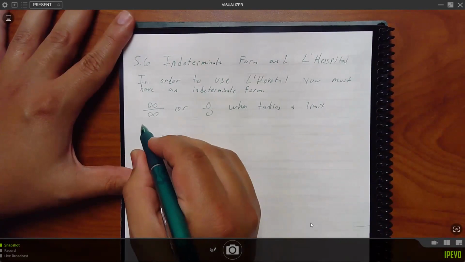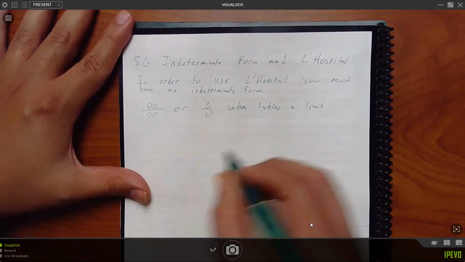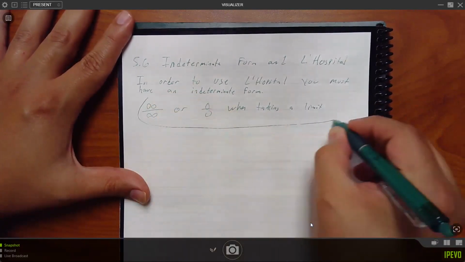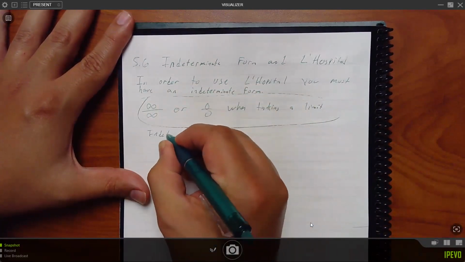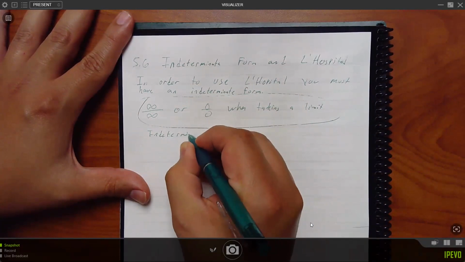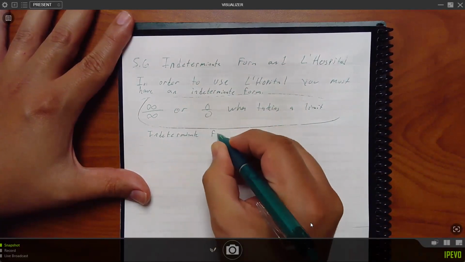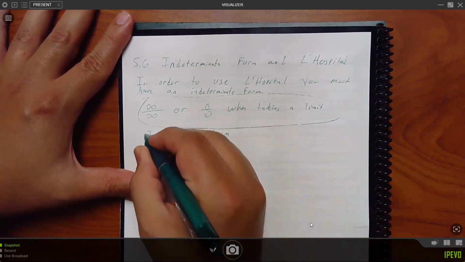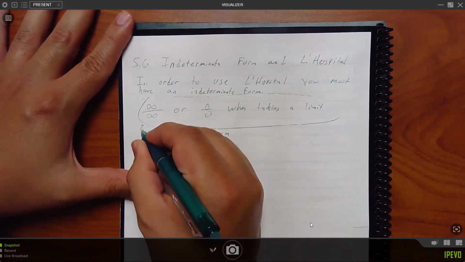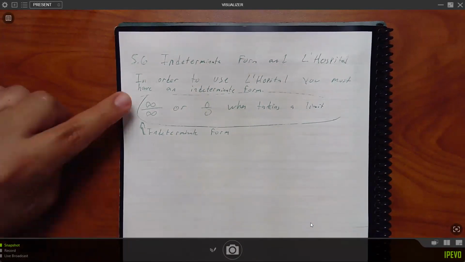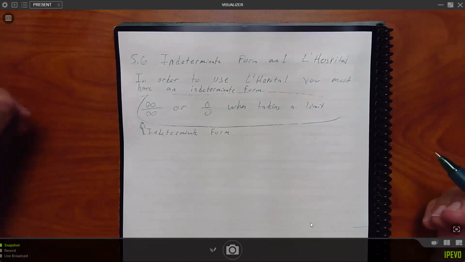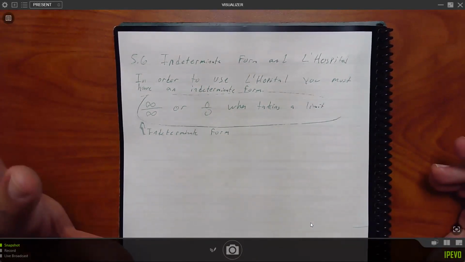So this is indeterminate. Just put it in plain English here. Indeterminate form. This stuff, okay? So whenever we have this, then we do L'Hopital. I'm going to show the notation and the steps you're doing.